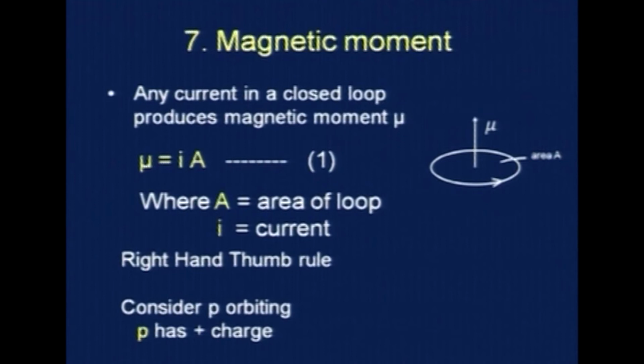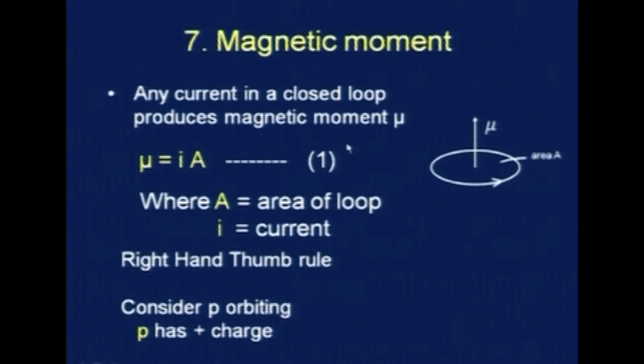Now suppose the particle is chargeless, it will have only angular momentum. If the particle has a charge and mass, it will have angular momentum due to mass and it will have magnetic moment due to the charge. That is why, along with angular momentum, we talk about magnetic moment.